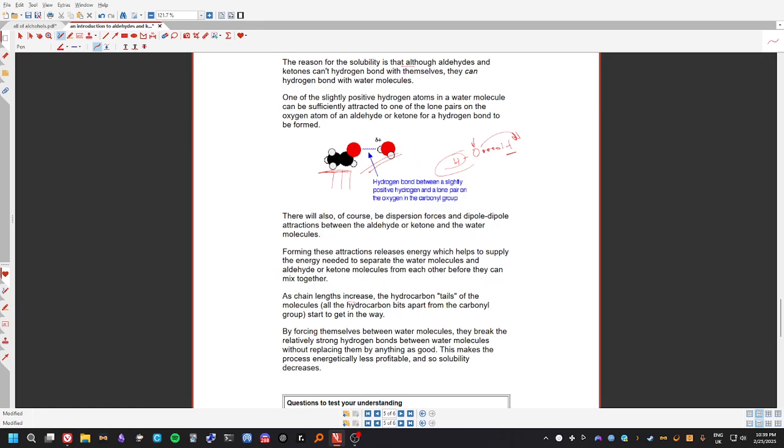However, as the chain length increases, the carbon tails get in the way of the hydrogen bonds of water, which means that they force themselves between water molecules, breaking them.